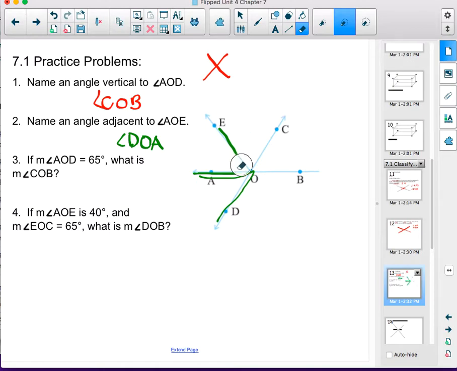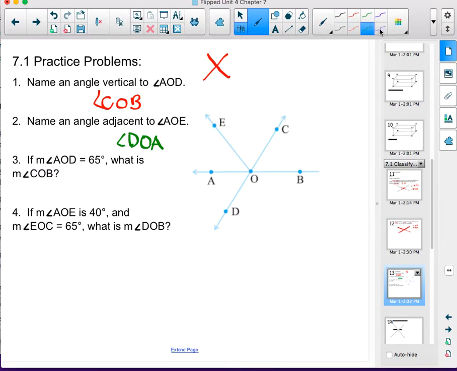Number 3, let me clean up some space here. Number 3, it says if the measure of angle AOD is 65 degrees, what is the measure of angle COB? So let's look at angle AOD. Here it is, angle AOD. And we're saying that is 65 degrees. And we're looking for the measure of angle COB.